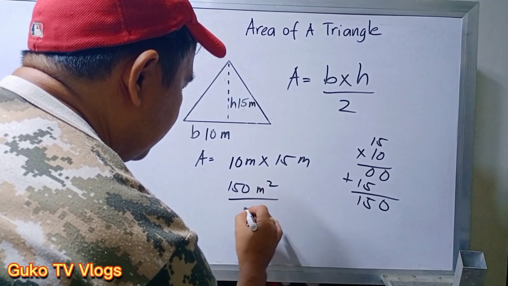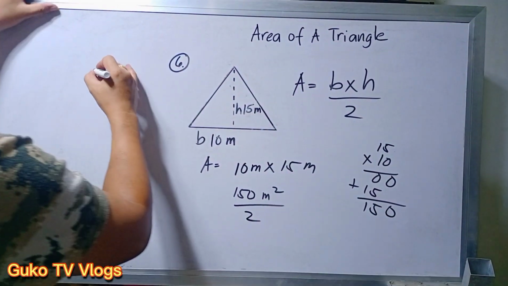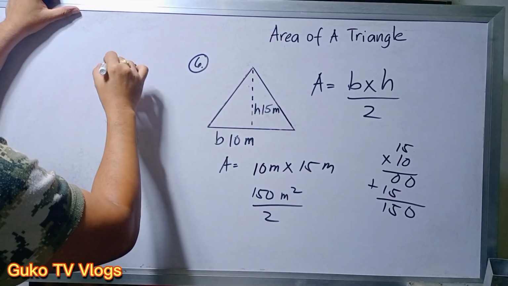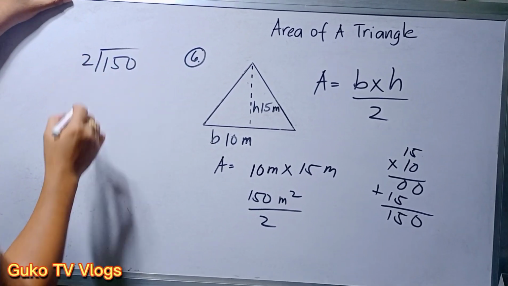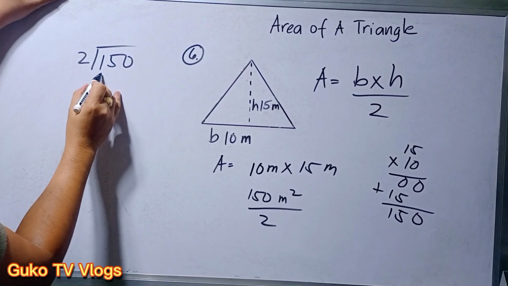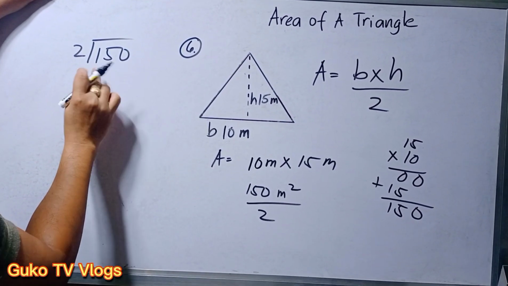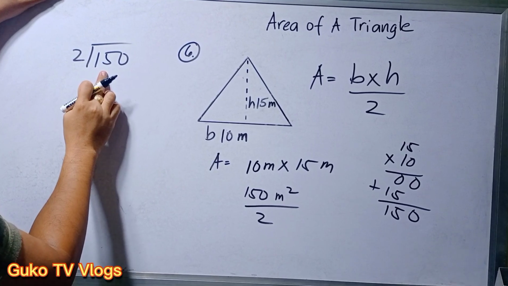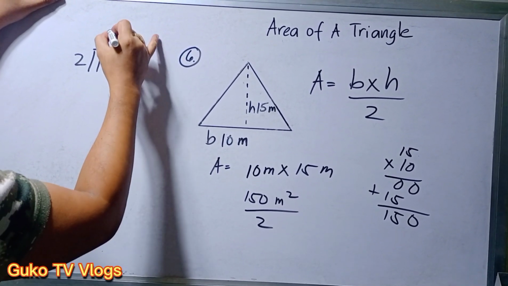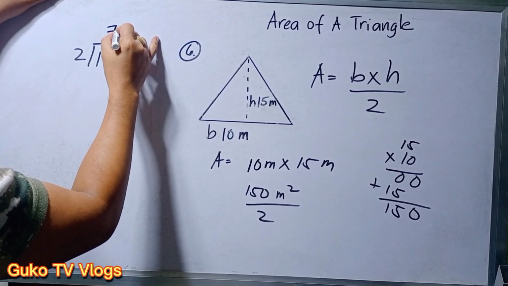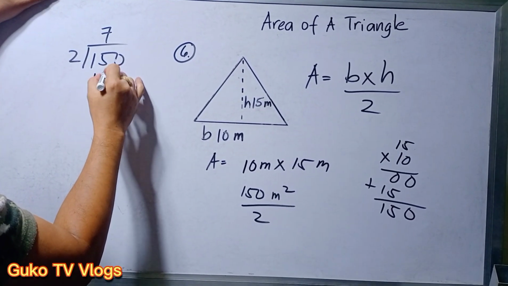Then divided by 2. So 150 divided by 2. So 1 divided by 2 cannot be, so let's go to the next 2 digits. 15 divided by 2 is 7. So 7 times 2 is 14.